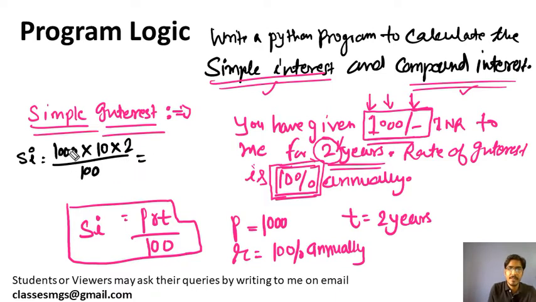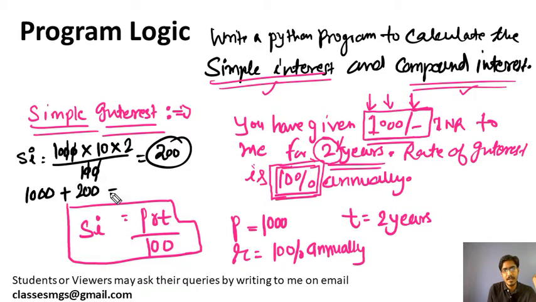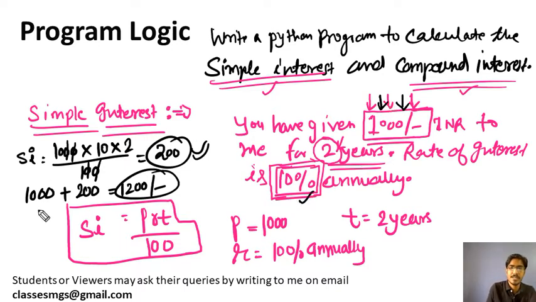Now the 2 will be cancelled, 10 into 10 is 100, 100 into 2 means 200. 200 rupees is the interest that I will pay for this 1000 rupees for 2 years. So I will return 1200 rupees to you after completing 2 years. This 200 will be your profit by giving 1000 rupees to me for 2 years at the rate of 10% interest. This is known as simple interest.